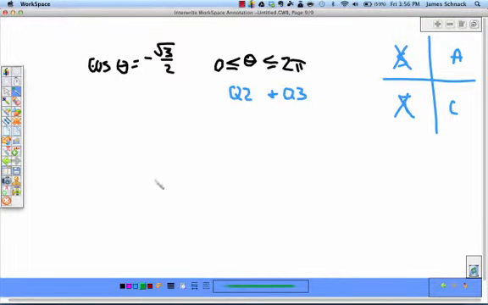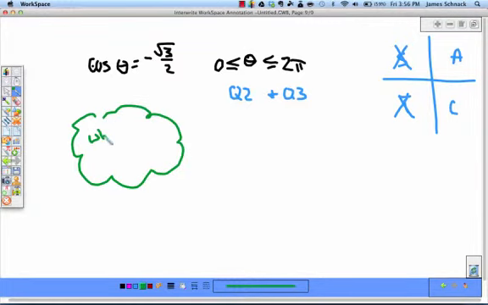Now, for the time being, ignore the fact that it's negative and think, okay, which angle has cosine equal to √3/2 in quadrant 1. We're talking reference angle here, people. Reference angle.